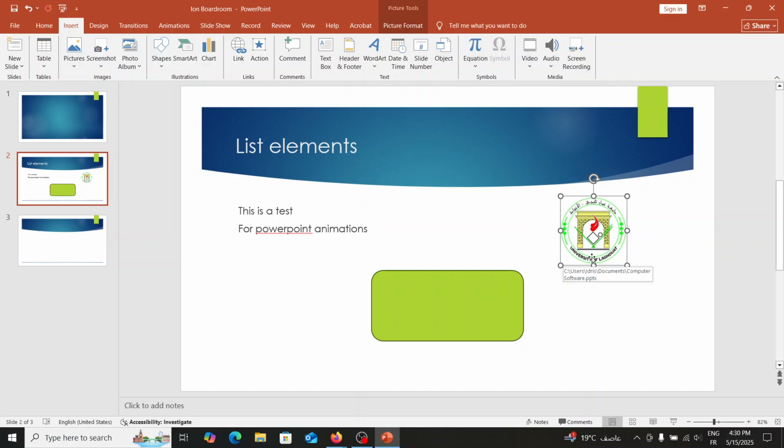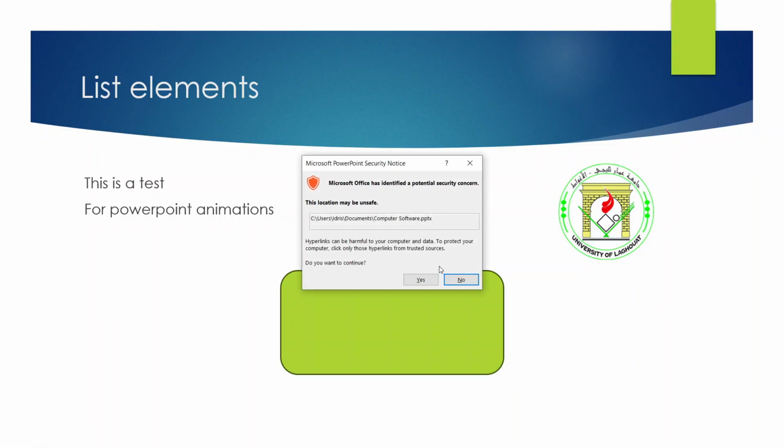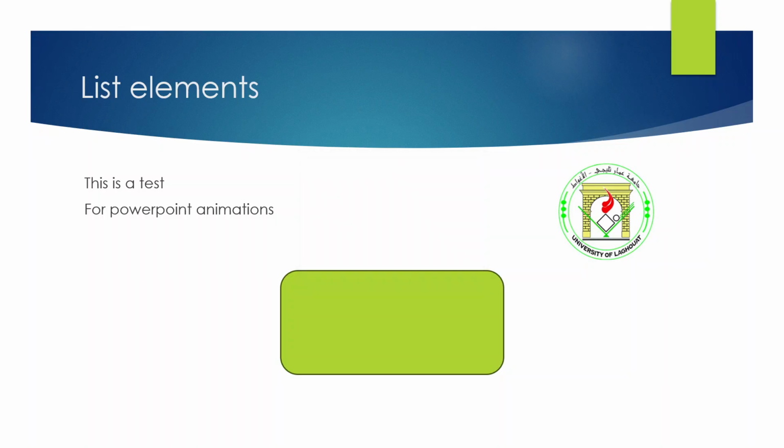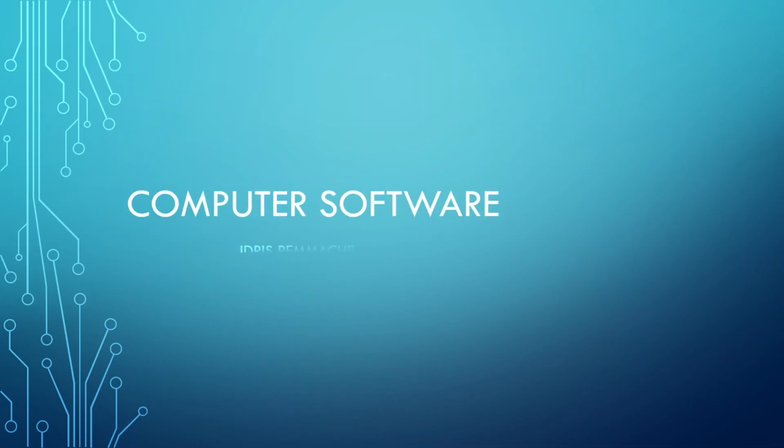For us to access this path, let's go to presentation mode. We simply click on this one. Now, Microsoft Office has identified a potential security concern. The location may be unsafe. We click on yes, and now it takes us to the new presentation. Is it clear?